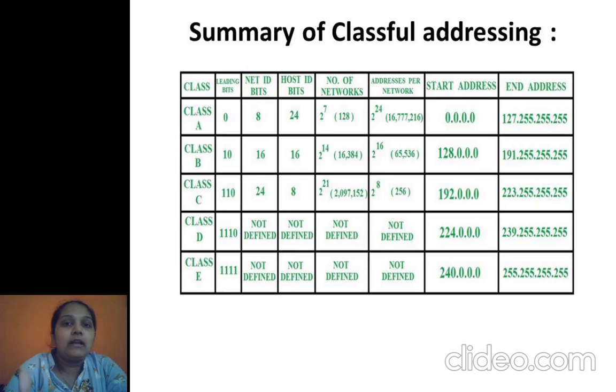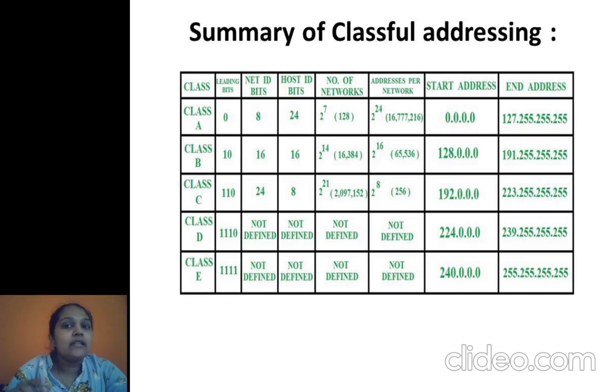So in this summary table, the summarized numbers are written. Next, you have to remember the start address and end address. Class A starts with 0 and ends with 127. Class B starts with 128 and ends with 191.